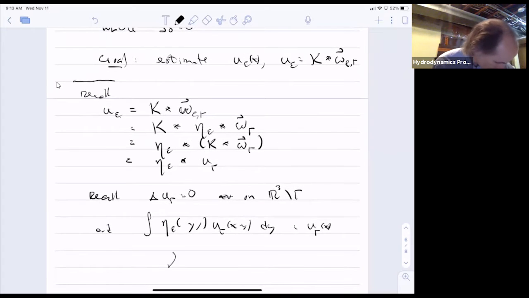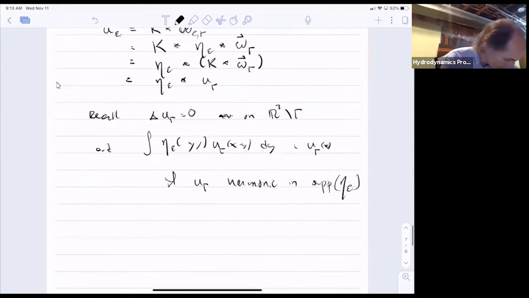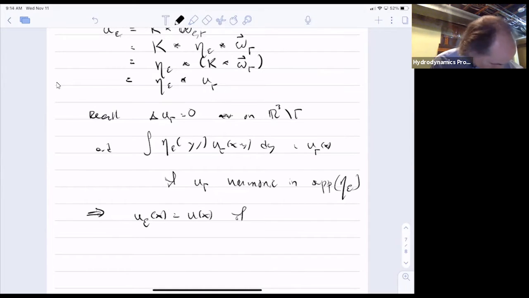This is true if U gamma is harmonic in the support of eta epsilon, which is the ball of radius epsilon. And so the conclusion is that, as we said before, this U epsilon of x is equal to U of x if the distance of x to gamma is bigger than epsilon.